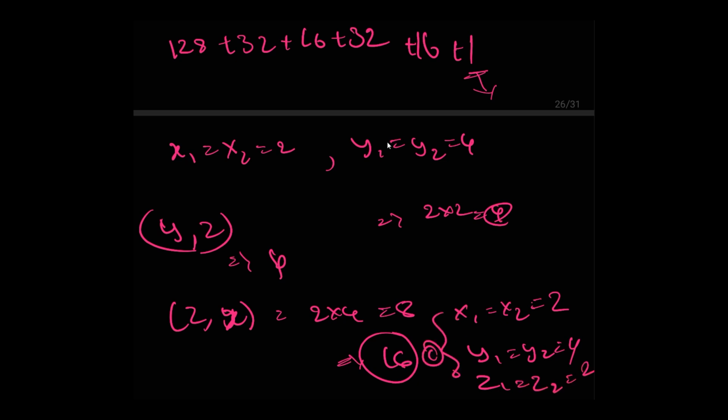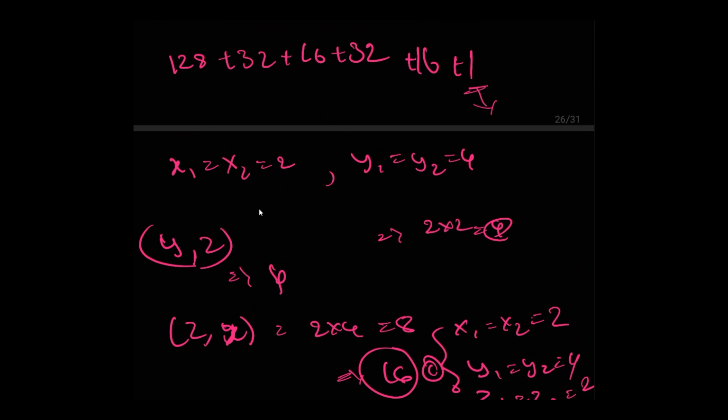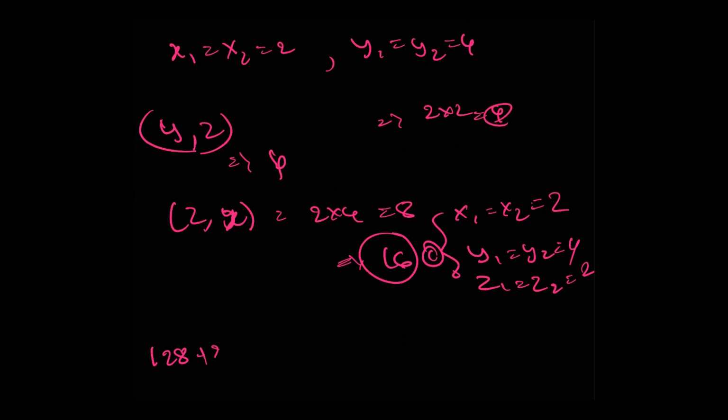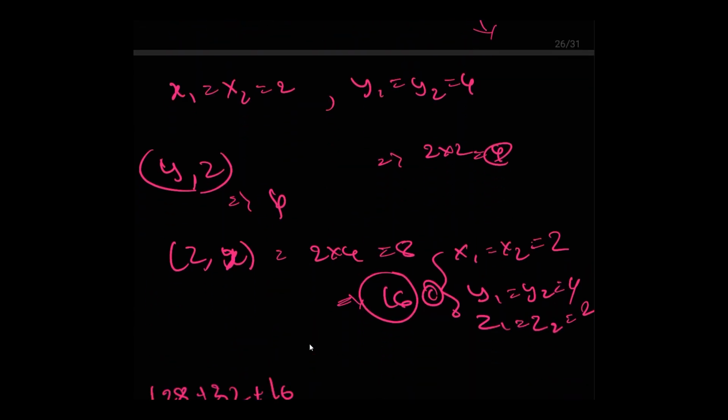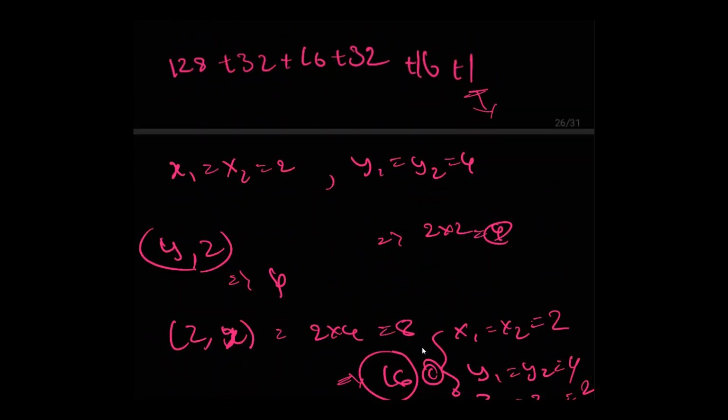Therefore, the number of ordered pairs of P and Q will be 128 plus 32 plus 16 plus 32 plus 16.